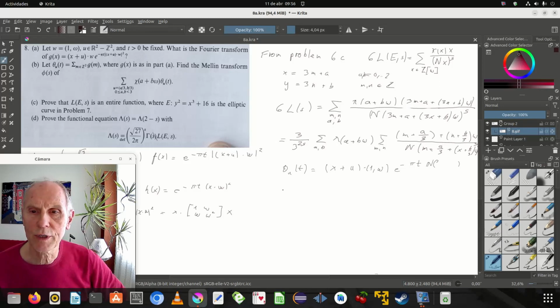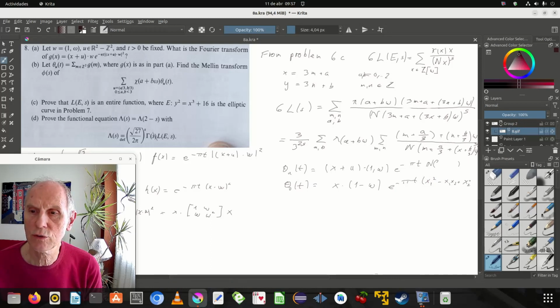And if we just consider theta naught of t, then it's the sum over x of e to minus pi t times x1 squared minus x1 x2 plus x2 squared.